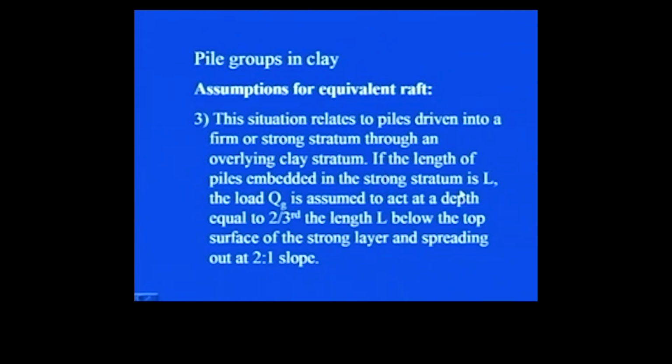So, if the length of the pile in the strong stratum is L, you simply take 2/3 of L from the top of the strong stratum and place the raft there, and then below that, in exactly the similar manner, you assume the load spread in 2:1 manner.